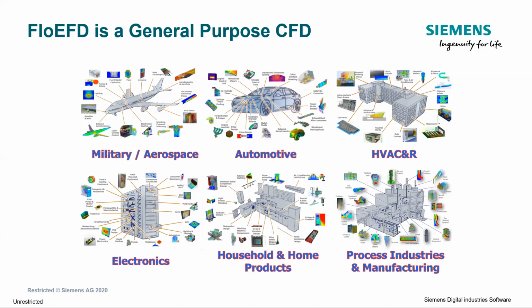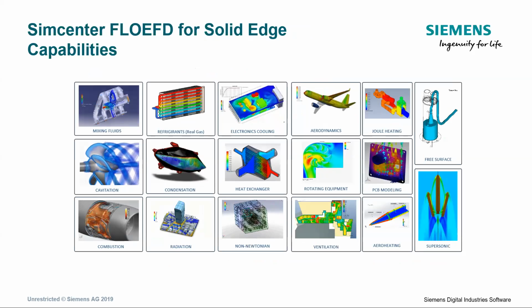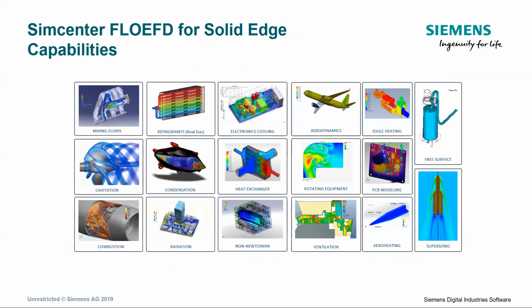Now, again, in the case of household products like kitchen chimneys, for example, we can use the solution to find the capacity of the fan that is required, along with optimizing the design of the chimney itself. So, as far as the capabilities are concerned, these are some of the capabilities of the solution that we can see on the screen.